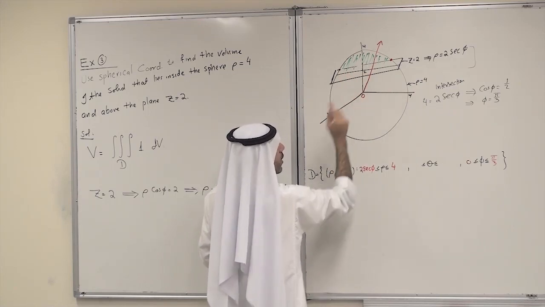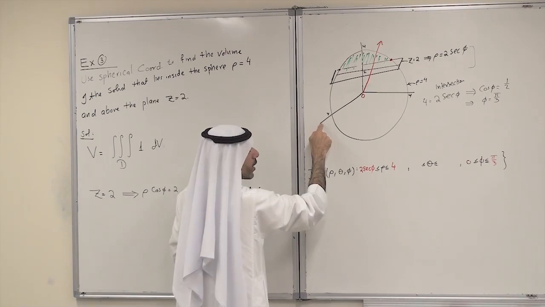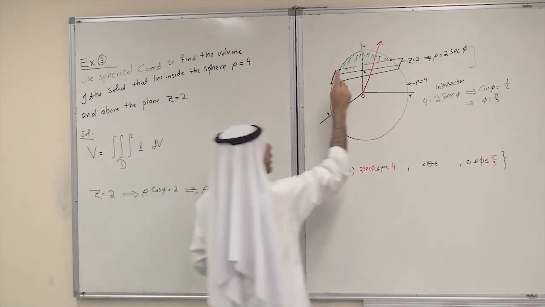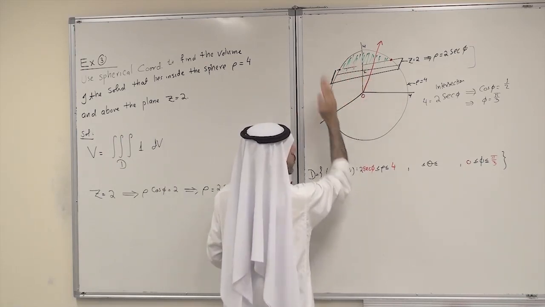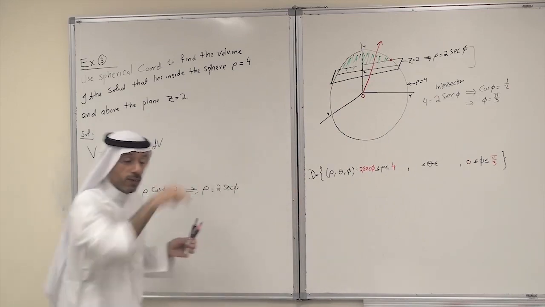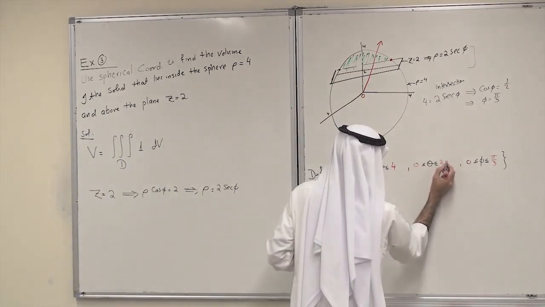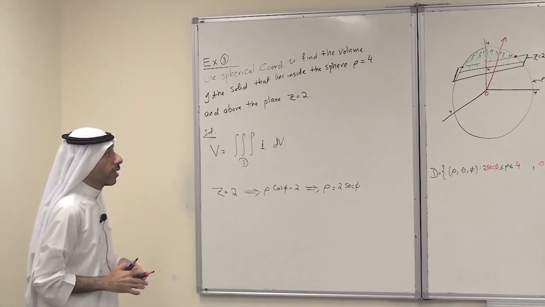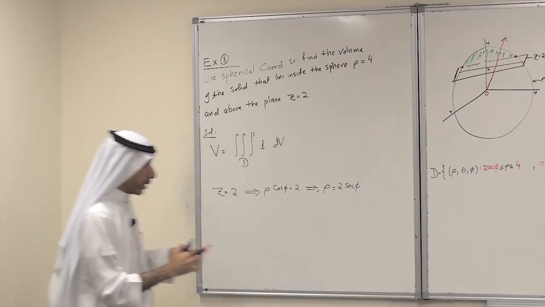So theta, just like theta in polar coordinates, has possible values for these points around the z-axis from 0 to 2 pi, a full circle. So these are the ranges for the spherical description of the solid.